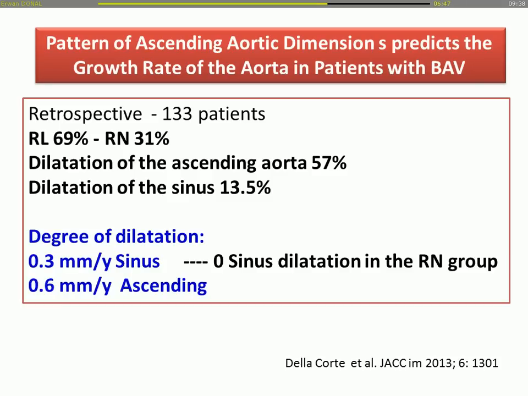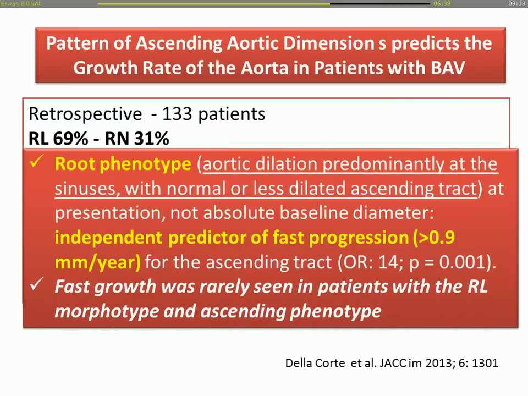And there is also this study demonstrating that perhaps the phenotype of the ascending aorta will impact the degree of dilatation afterwards. And it has been demonstrated in a very recent study published 3 days ago that if you have a dilatation predominantly at the level of the sinuses with a normal or less dilated ascending tract, then you have a higher risk of progression of the dilatation of the ascending aorta.